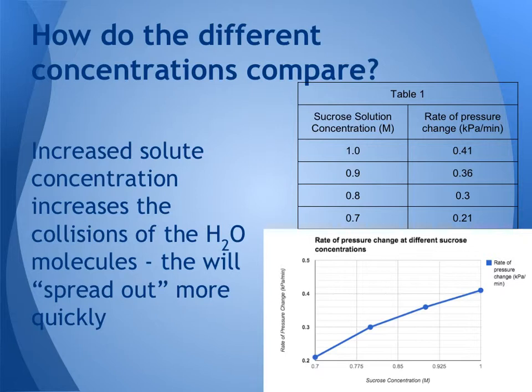The bigger the difference, the greater the pressure potential and the greater the water potential. It's kind of like water flowing over a dam: the greater the decline that the water is flowing over, the faster the rate that it's going to go. Water on a slow decline is not going to flow as fast as water over a dam. So that's kind of analogous to this pressure difference of the water potential and the pressure potential.